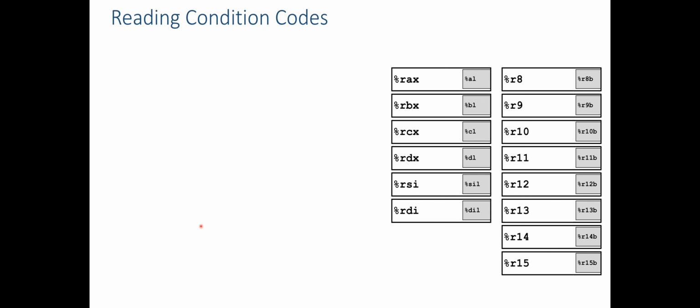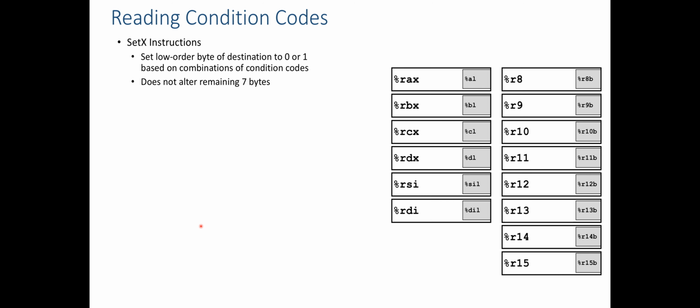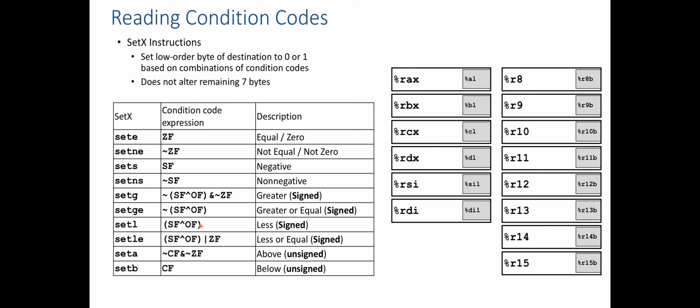So let's see how this is going to play out. So we've got another instruction besides compare and test called set. What that does is it sets the lower order byte of a destination to 0 or 1 based on these condition codes. And it doesn't alter the rest of the bytes. So here are our most common set instructions.